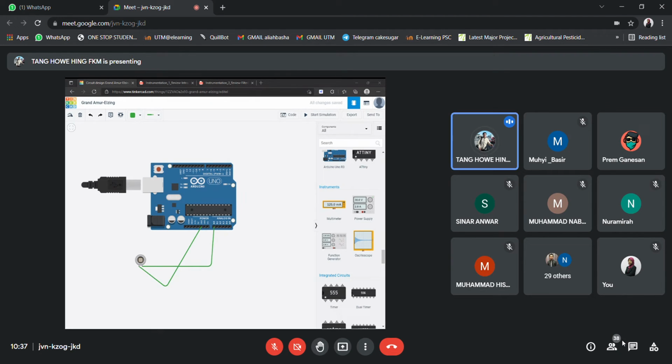All right, for this Arduino, actually I'm just performing a linear interpolation.